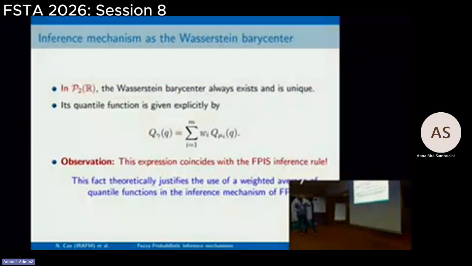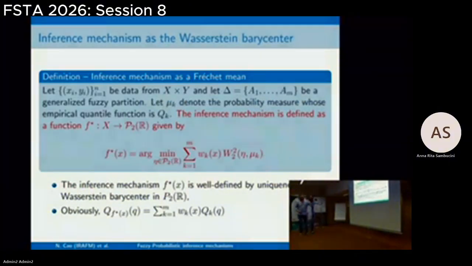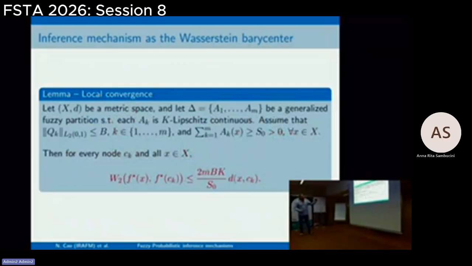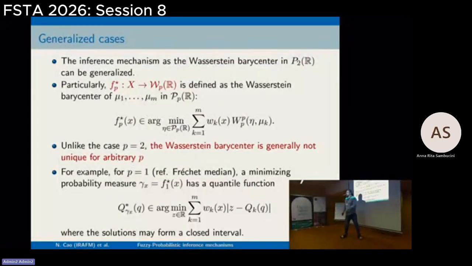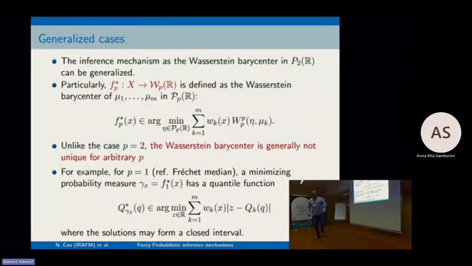Now the question is, okay, we somehow justify the use of that, and also we can generalize it. Just briefly, we can generalize it using arbitrary p, because in our case we use p equal to 2. For example, we can consider p equal to 1, and we get the median.